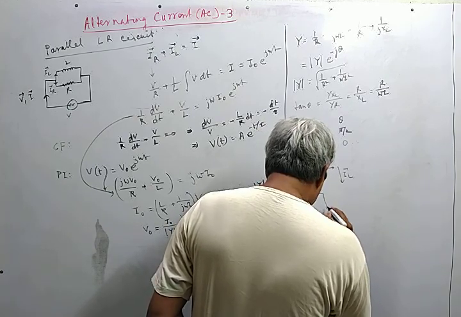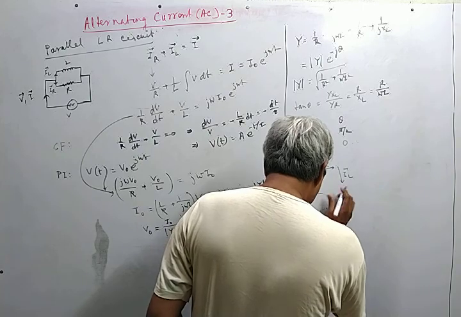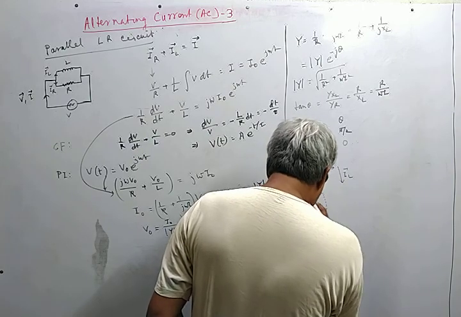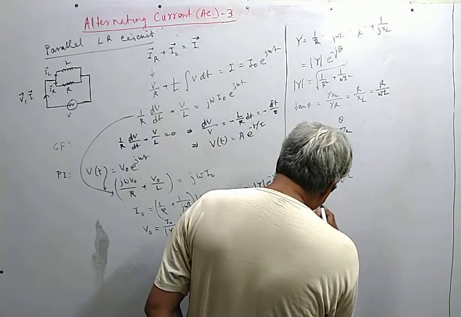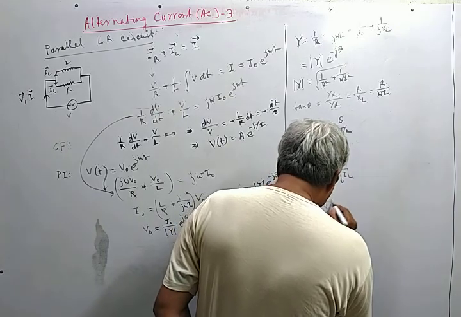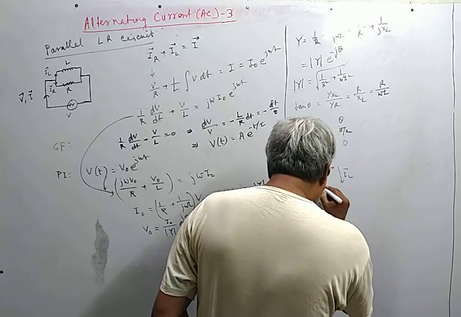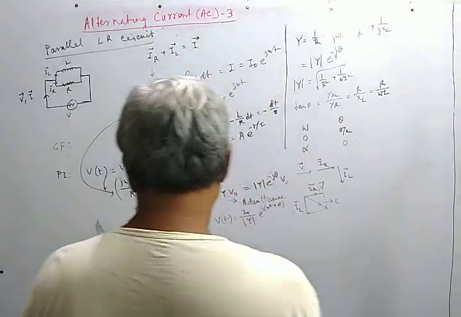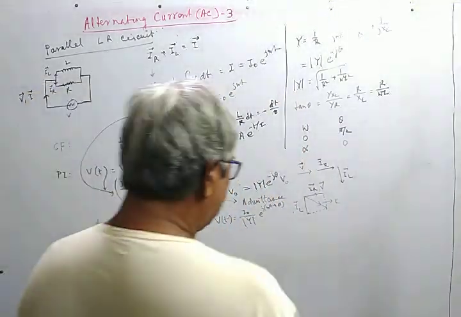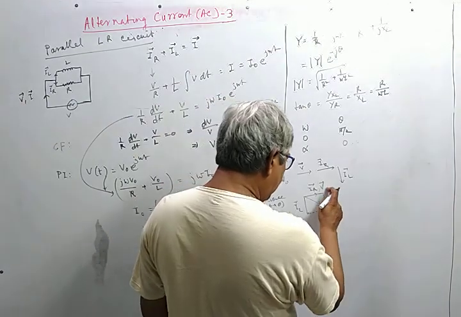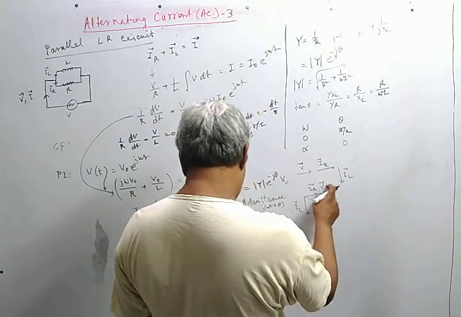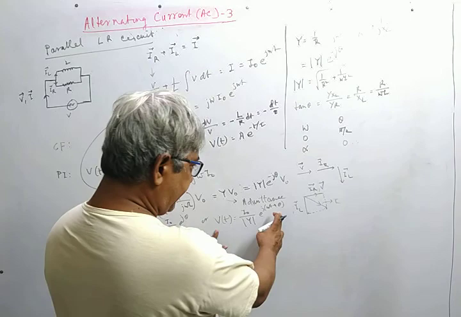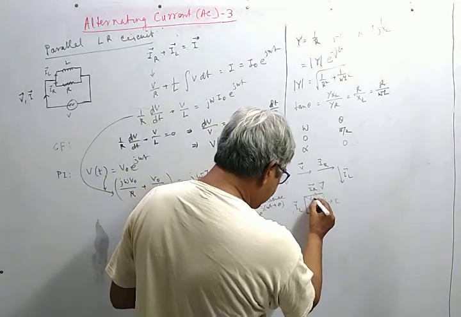If we add this, it will be the total I. So you see that V is ahead of I in phase. This is the expression, and this angle is theta.